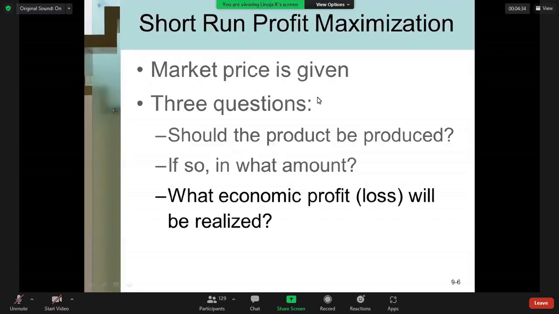If we satisfy that condition only, we can get the profit. Otherwise we will fall into a loss. Whenever we satisfy the profit maximization condition, sometimes we will get a profit, sometimes a loss, maybe an economic profit, maybe an economic loss.